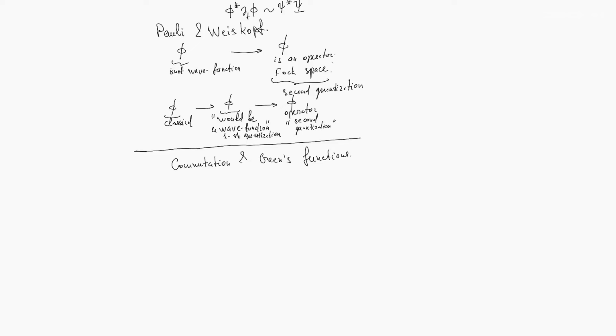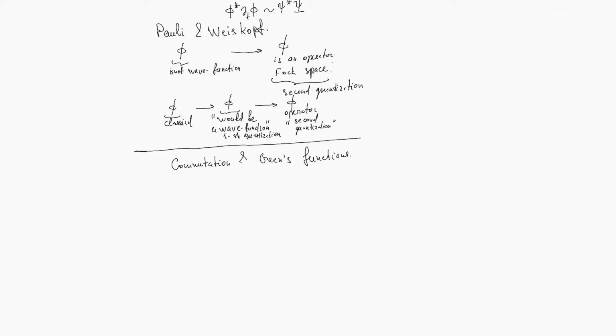And as you know from classical electrodynamics, Green's functions can be of different nature. For instance, there could be retarded Green's functions or advanced Green's functions. And in particular, in quantum field theory, we will be interested in the so-called causal Green's functions, which are also known under the name Feynman propagator.